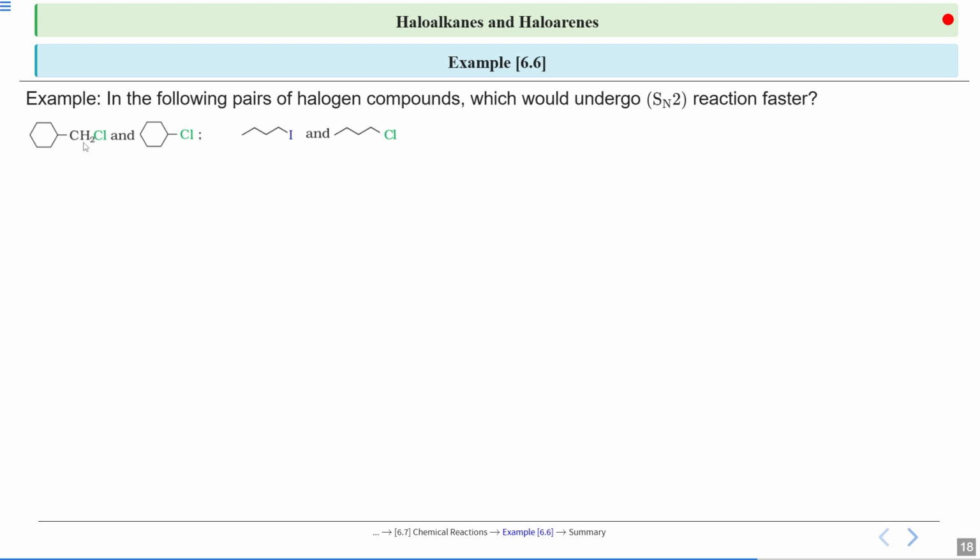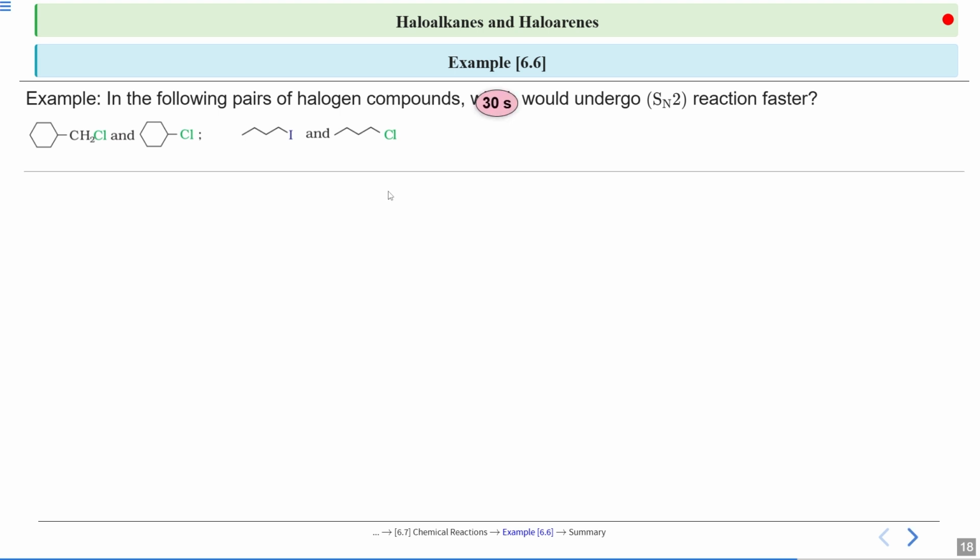The first pair is of this cyclohexane, where at one carbon we have CH2Cl, and the other is this cyclohexane, where at the first carbon we have only Cl, that means chlorocyclohexane. The other pair is iodobutane and chlorobutane. You have to select the halogen compound from these pairs which will undergo the SN2 reaction faster than the other compound.